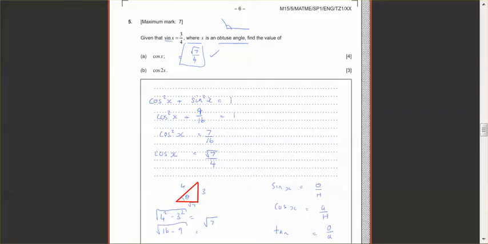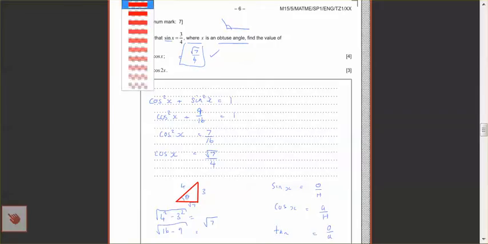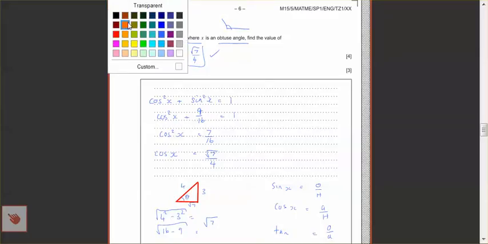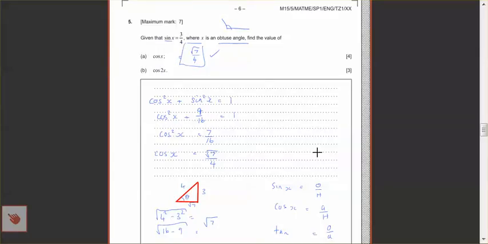Exactly. So if you think about the circle, right? Can I draw on that? Right. So what we've got so far, if you think about the unit circle, cos of x is here, and that's the angle.